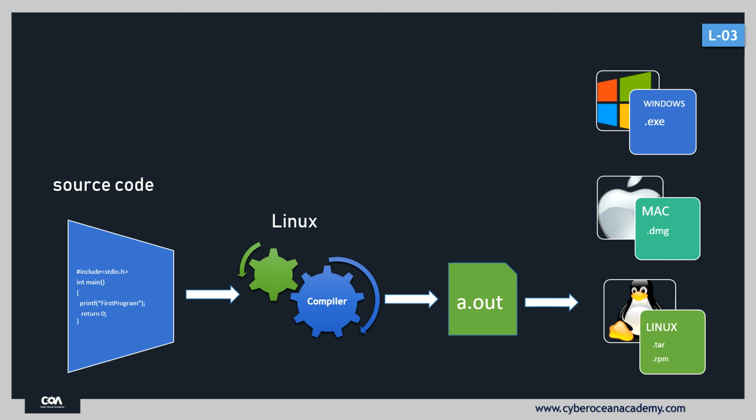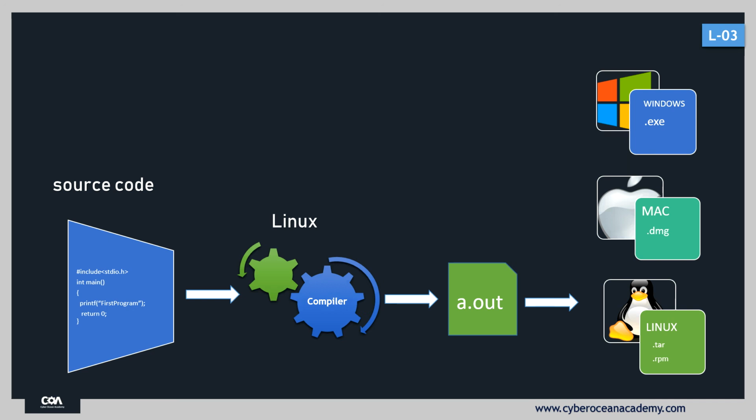So here you saw that you write a program on one operating system, and after compilation that program is not understood by any other operating system. Or we can say that you write a program on one platform, and after conversion to machine code that program is not understood by any other platform.